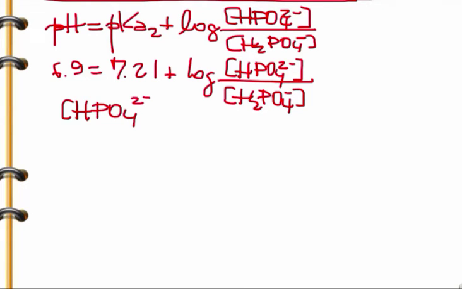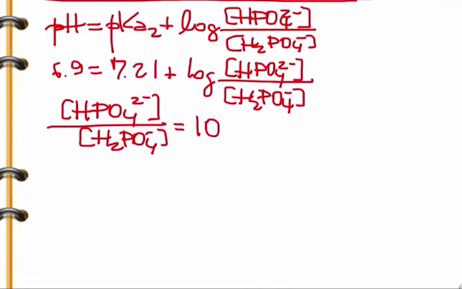We can rearrange the numerical value to the other side, so that the concentration of HPO4 2 minus divided by the concentration of H2PO4 minus equals 10 to the power of negative 0.31.